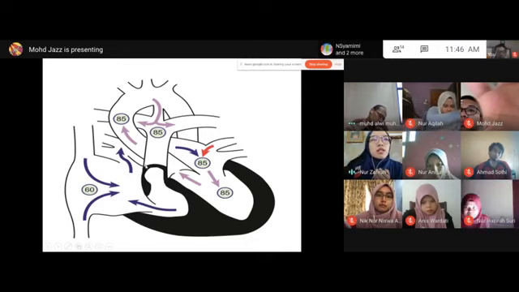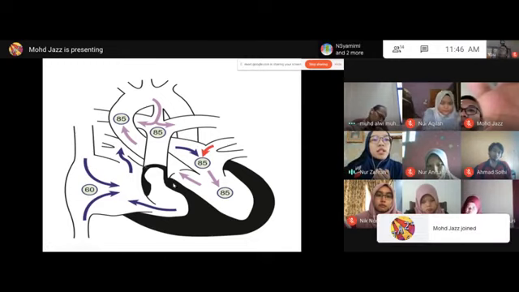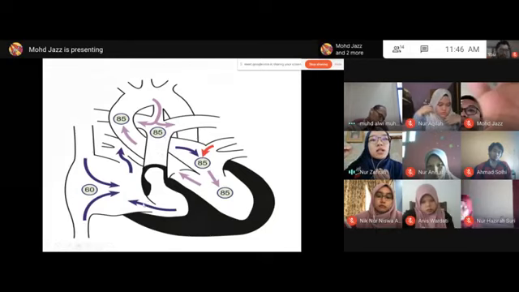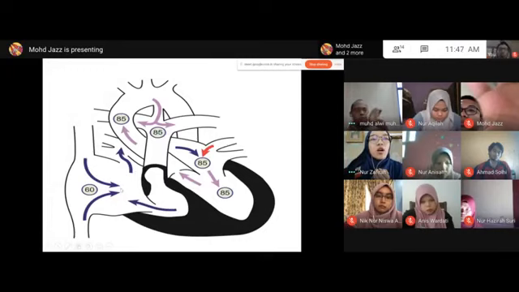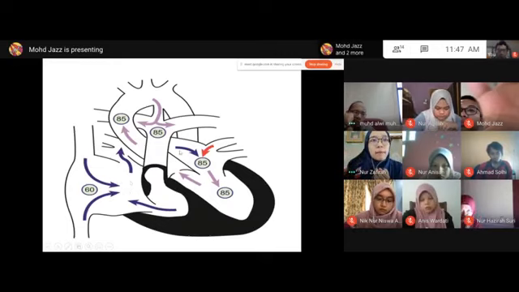So the blood will regurgitate back from the right ventricle into the right atrium, and all of the blood from the right side of the heart goes into the left side of the heart via the foramen ovale.